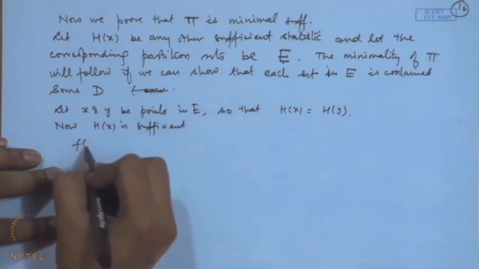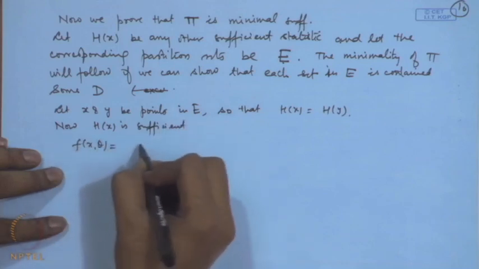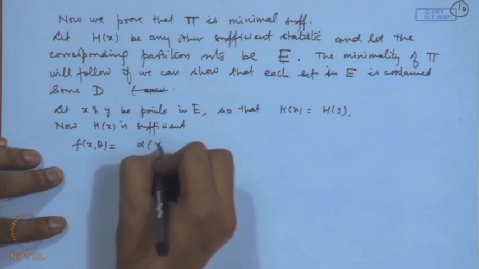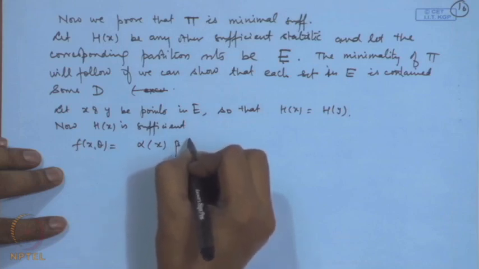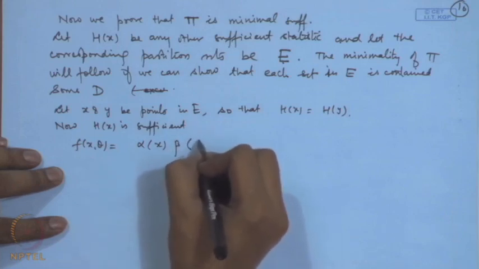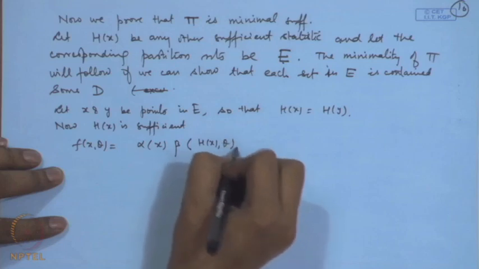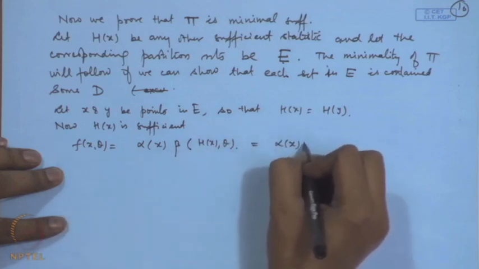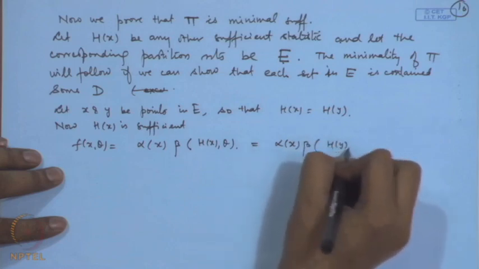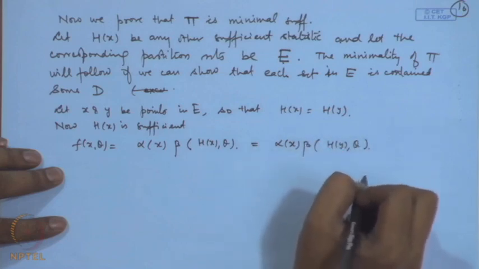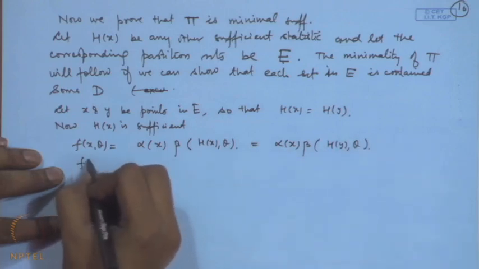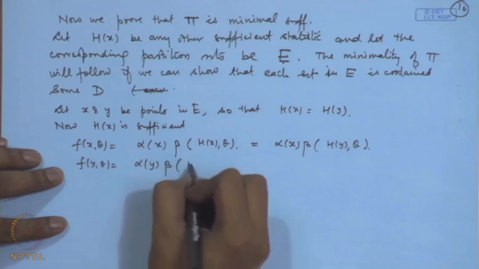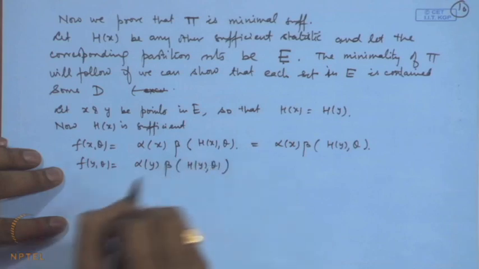So, we can write f(x, theta) is equal to say alpha(x) into beta(h(x), theta). Now, that we can write as alpha(x) beta(h(y), theta), and f(y, theta) we can write as alpha(y) beta(h(y), theta).